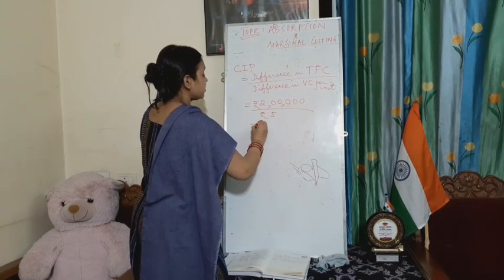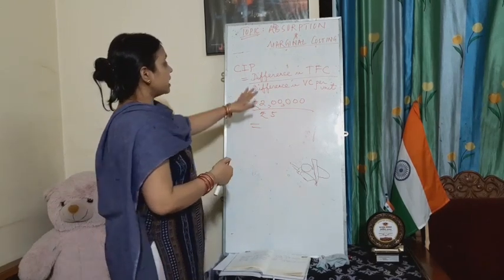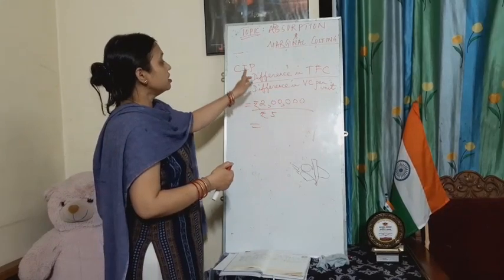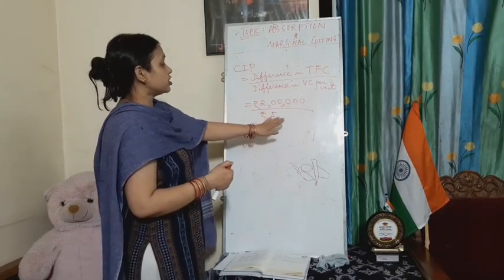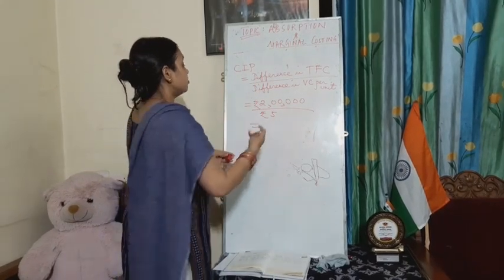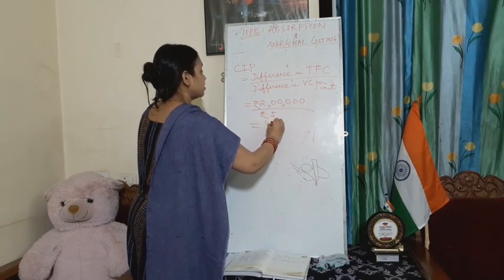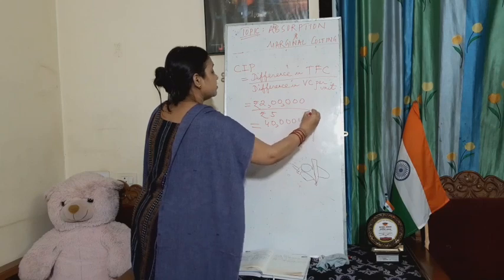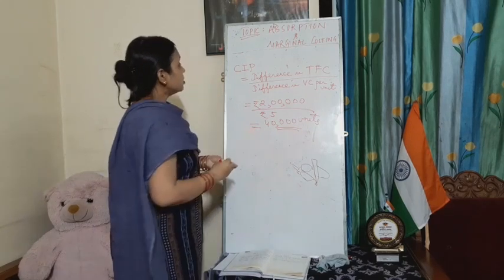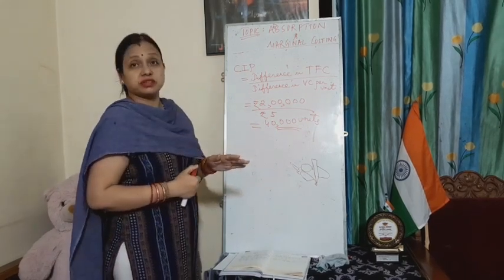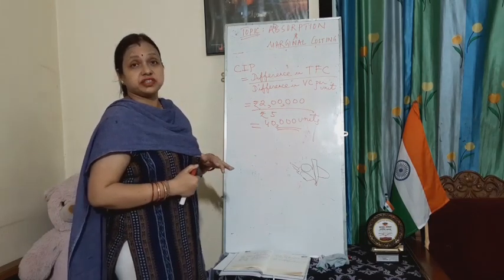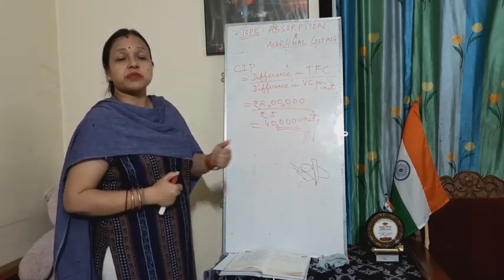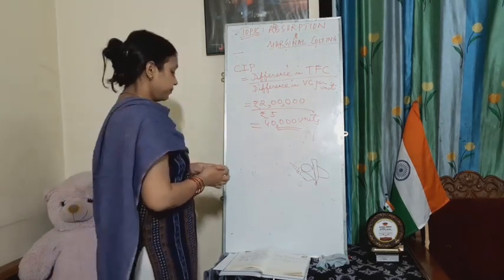So cost indifference point will be rupees 2 lakh divided by rupees 5, which comes to 40,000 units. Now, as I have told you earlier in the class, cost indifference point is very important for taking various managerial decisions, like which marketing plan to use, which method of production to use, and the like.